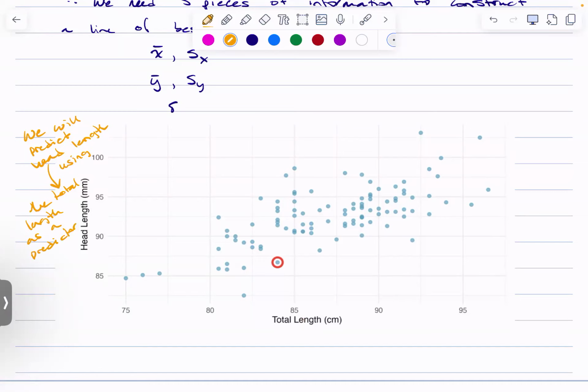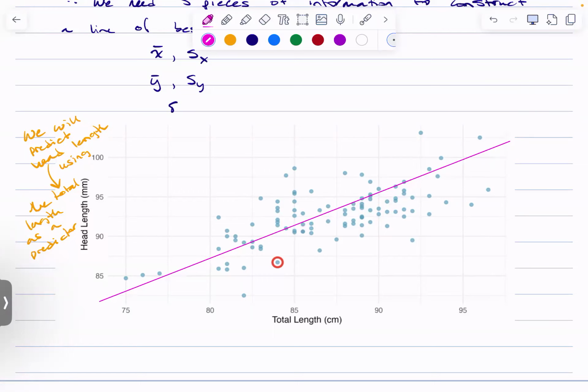Think about if you had to fit your line of best fit. What are you really doing internally? You're trying to minimize the distances between all the points and your line of best fit. That's what we do internally.